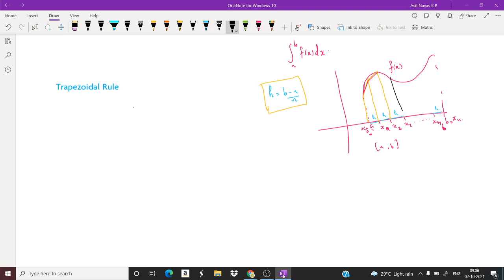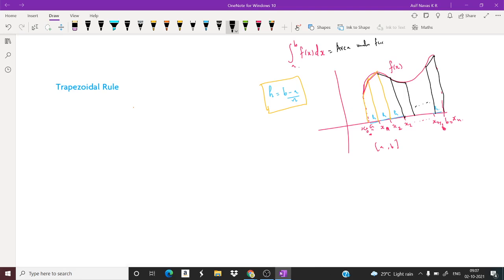Instead of rectangles we will use trapezoids to find the area. Similarly, in order to find the area under this curve, the integral from a to b of f of x dx is the area under the curve f of x.